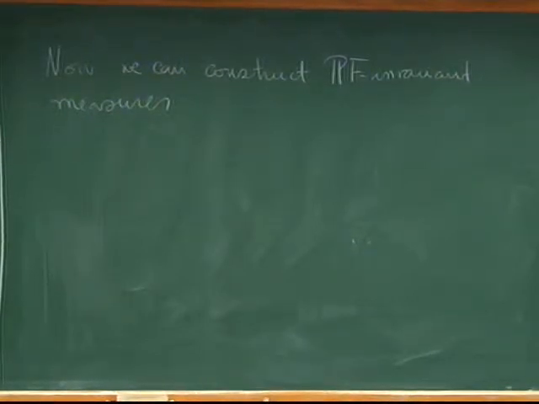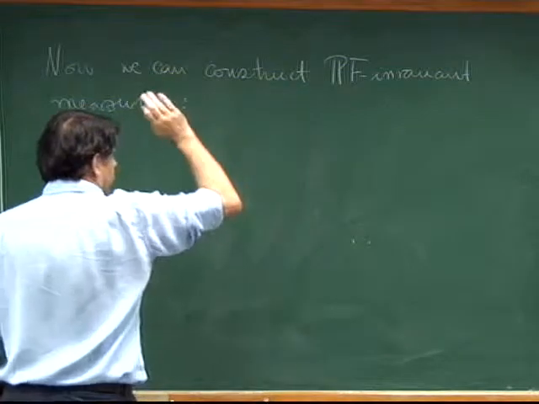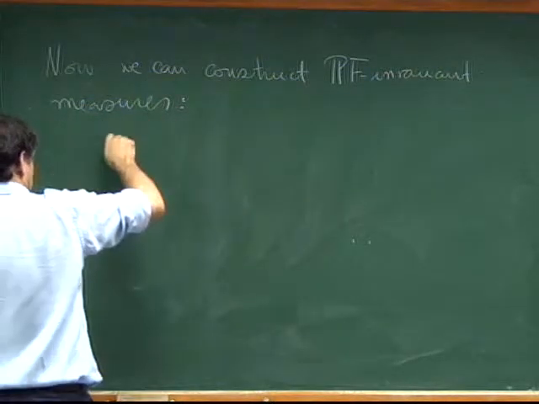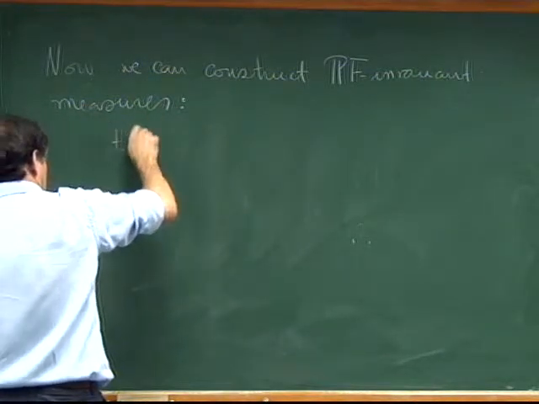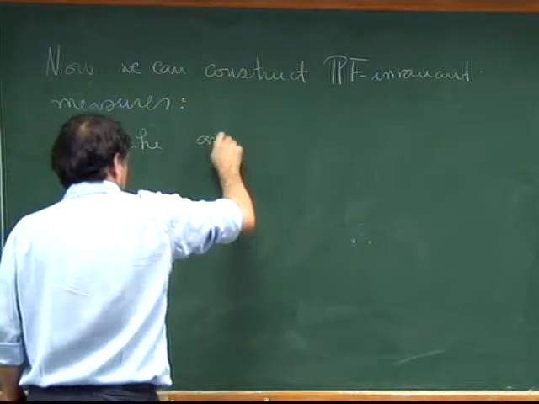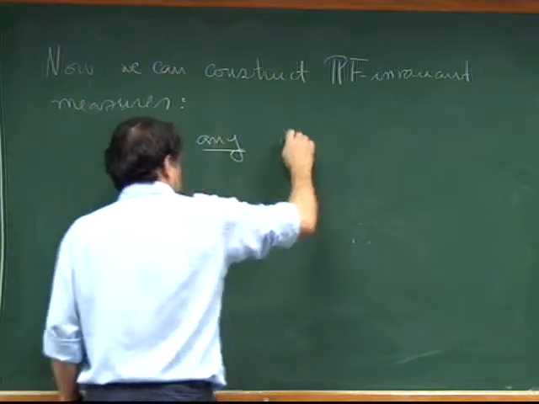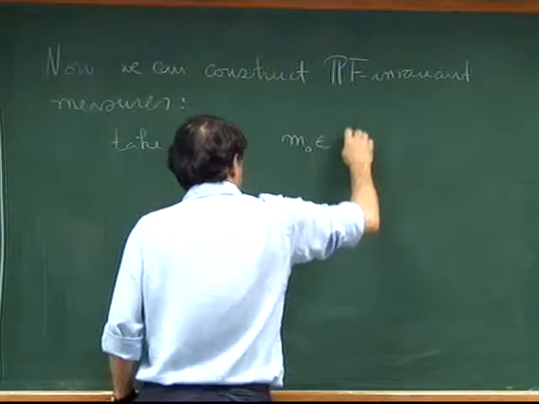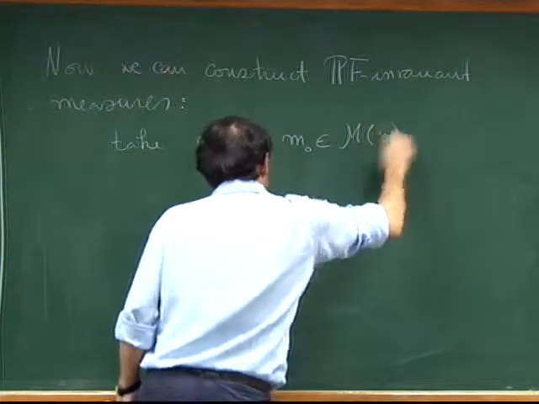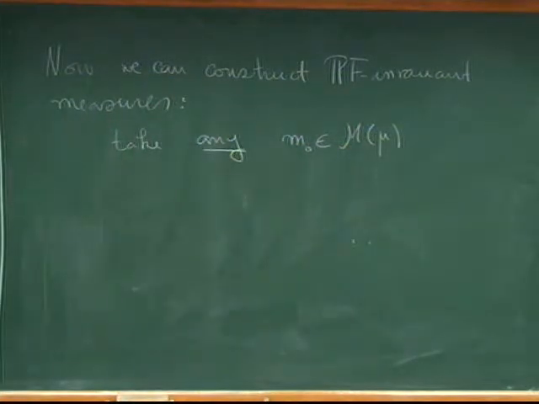I will have to be a little bit more careful. Okay? But I want to finish the cycle that I started when I said what the strategy is. Let's first construct some PF invariant measure. So what is the trick? Take any measure that projects down to mu. Any one. Of course, you could ask, is there any measure that projects down to mu?